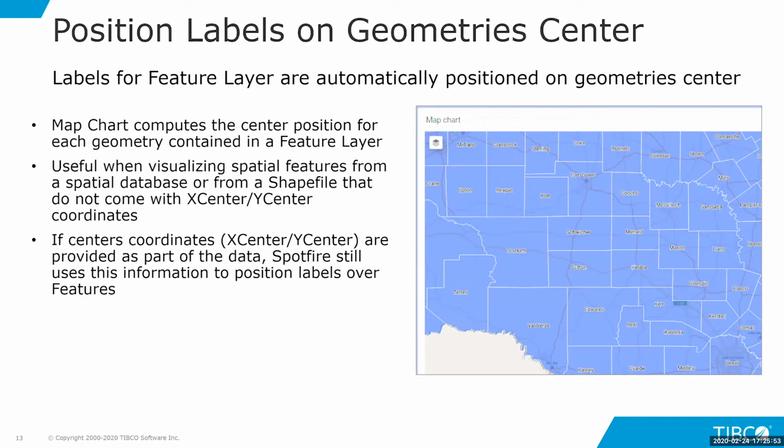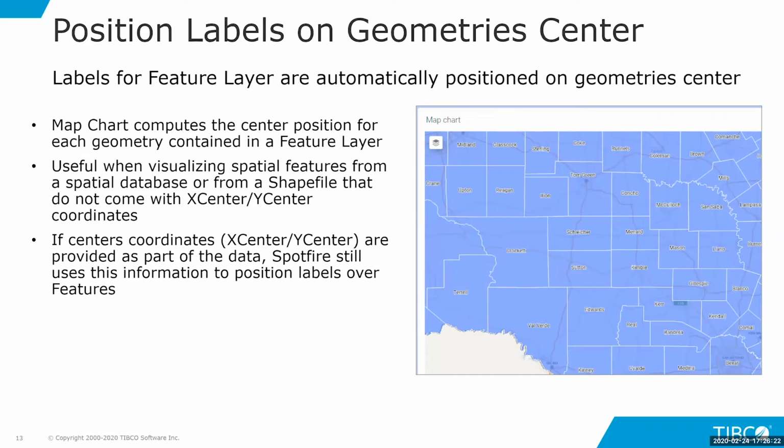That happens sometimes, especially if you are visualizing features that are coming from external data sources, like perhaps the Oracle, SQL Server or Postgres databases that have some spatial features. And if the data there misses the X center or Y center, then you couldn't label the shape before.